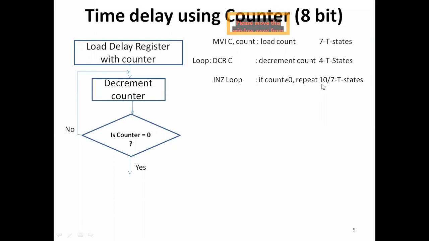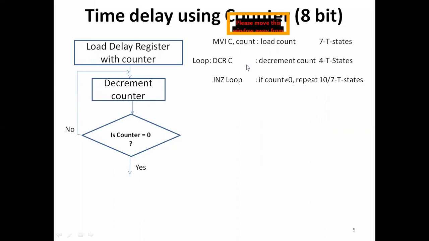But when the count value becomes 0, it will not go back, it will come out, and at that time it will take 7T states. That is why it is written as 10/7 states: 10T states while going back to the loop, and 7T states when exiting the loop.